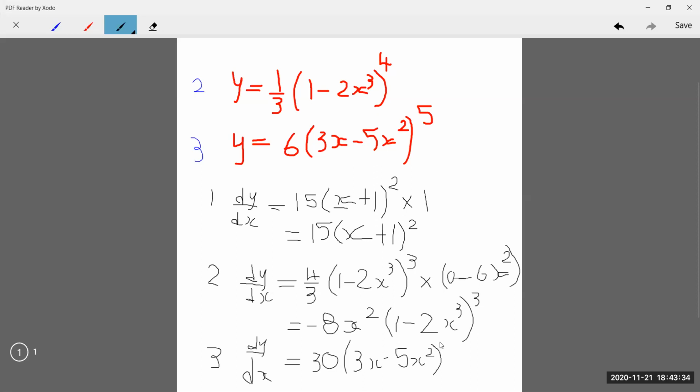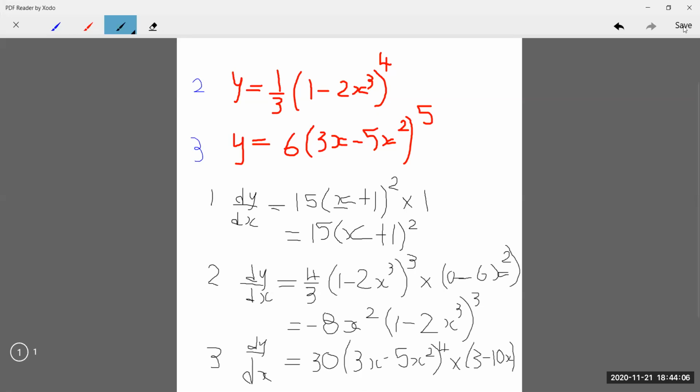To the fourth power, times 3, times the bracket 3 minus 10, negative 10x. Very good. Negative 10x. Nice. And that's known as the chain rule.